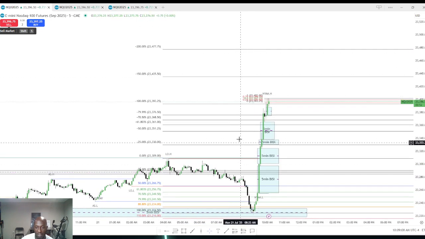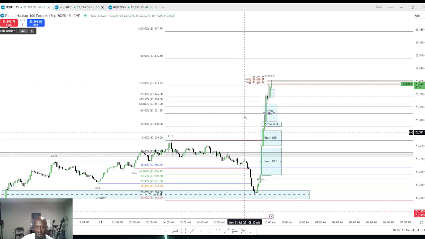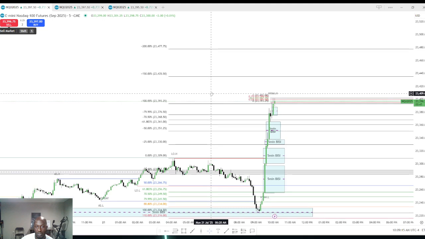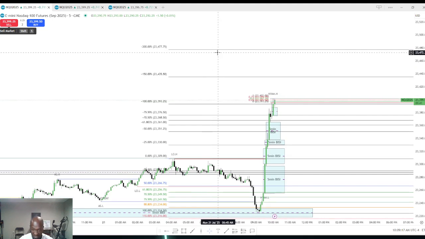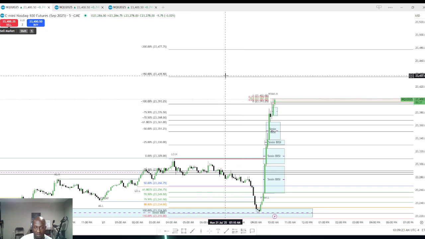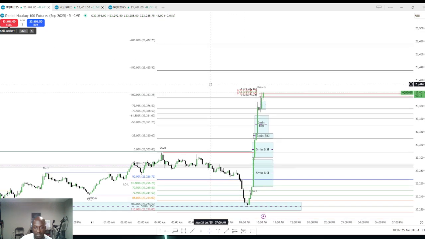Double this move right here. So 1 is up here, 2 is that. Since we're at the 100%, I would shoot for either 150 or 2 after this.